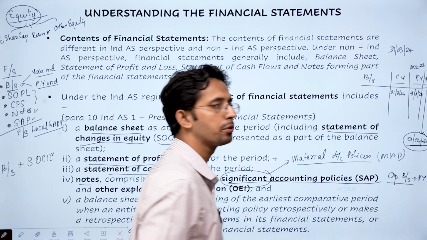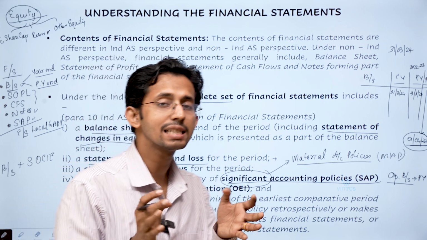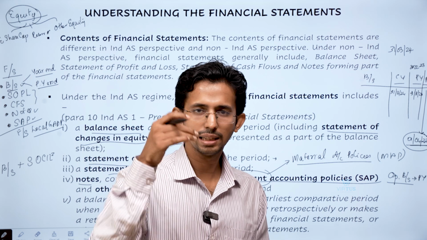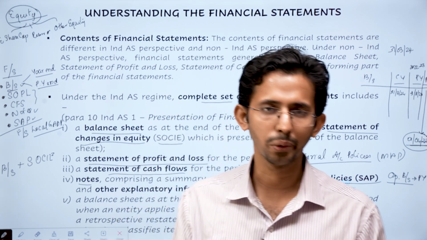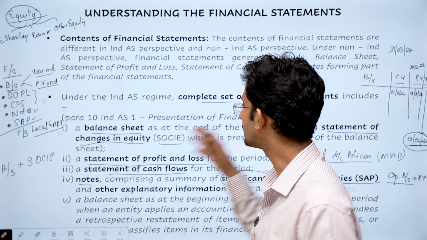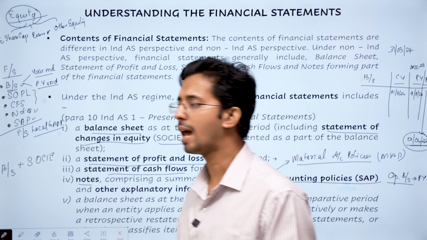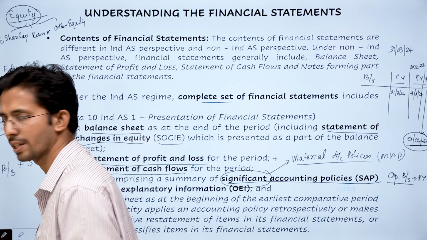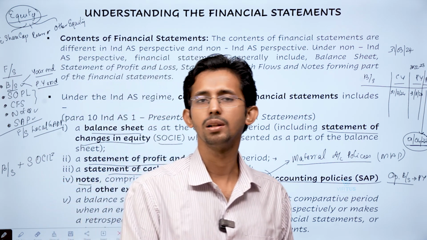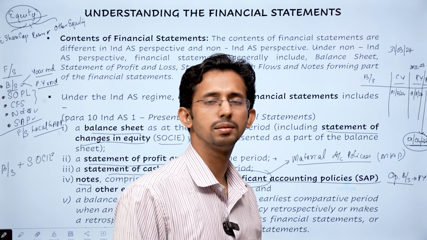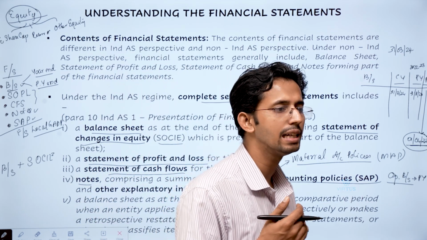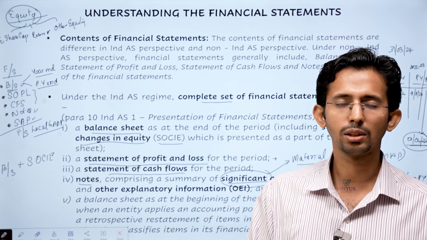So that also has to be prepared in Ind AS in some special scenarios, not in all cases. Wherever certain conditions occur, you have to prepare the third balance sheet also. This third balance sheet generally comes in the first year of adoption, when you adopt Ind AS for the first time. Now, if you have any changes in the accounting policies, that also you have to give.